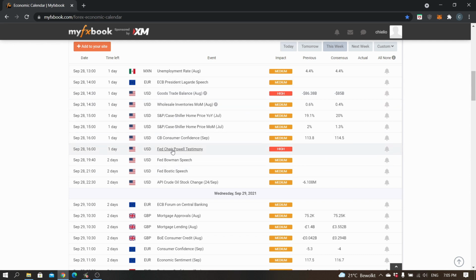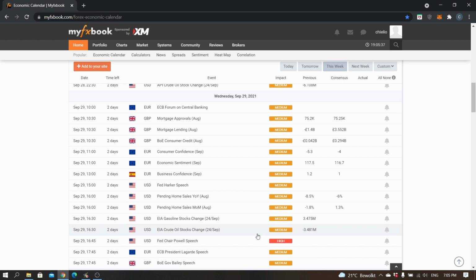So basically every economic event of the US dollar is relatively more important. That's why the consumer confidence is important too, and the Powell testimony is very important too. Probably these speeches will be a little bit less important because the Powell testimony is before it. So I would just take a good look at this one.